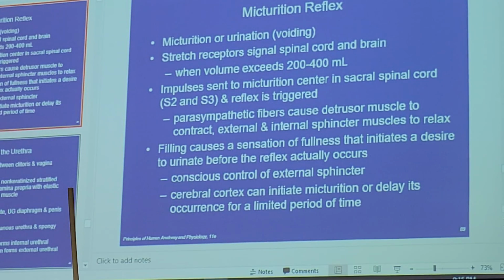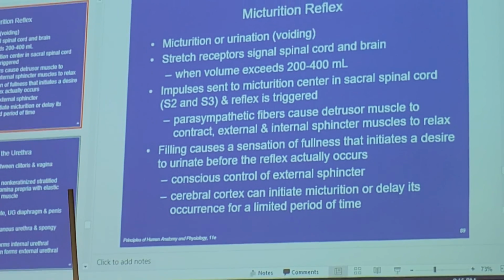We look at micturition, urination, and voiding as the bladder stretching, and then you get the message. Basically 200 to 400 milliliters is when you get enough to get the message, but you can hold more than that. You can get to 700, 800 milliliters, to a point where it's painful.